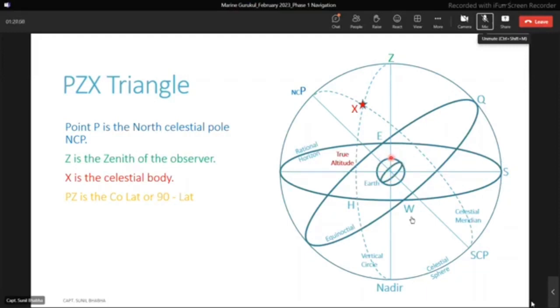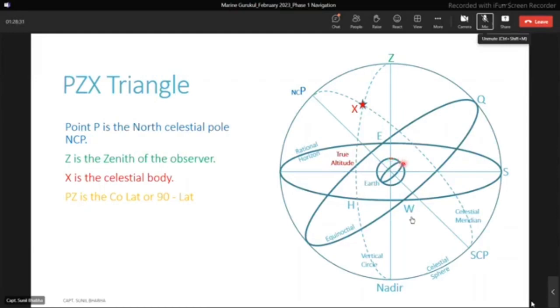Now if you measure this arc between the observer's position and the equator, where I'm highlighting using my laser pointer, this arc of the meridian between the equator and the position of the observer is the latitude of the observer. The angle at the center of the Earth, or the arc of the meridian contained between the equator and the particular position, is the latitude.